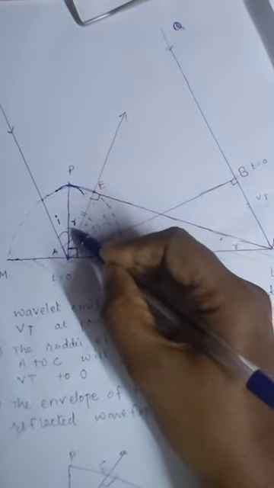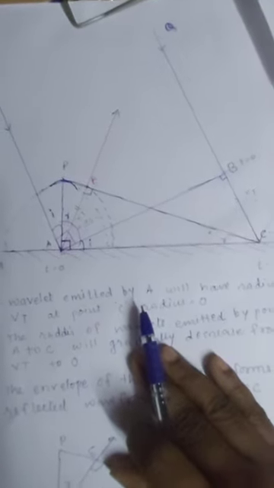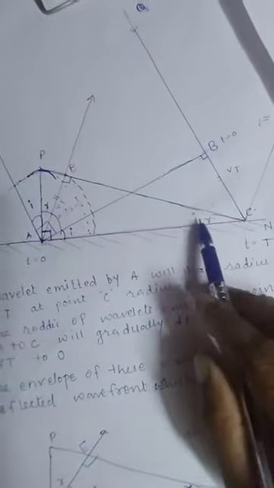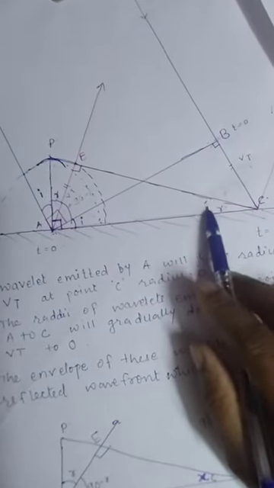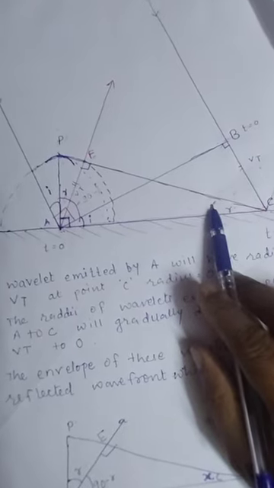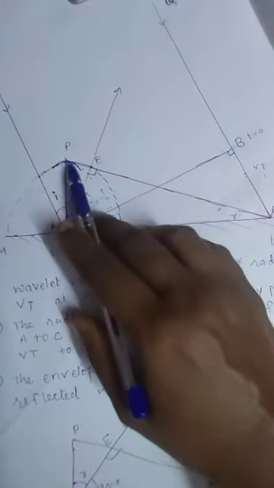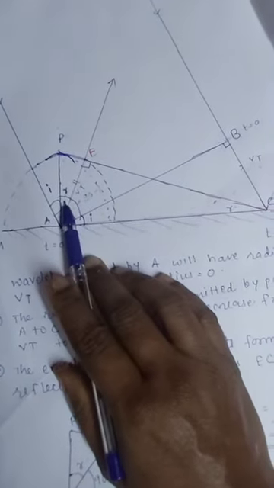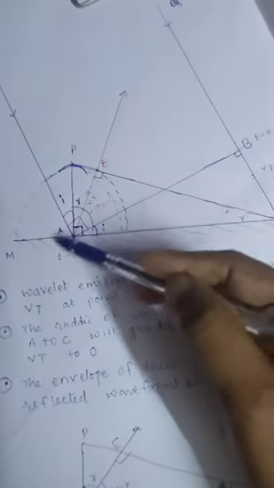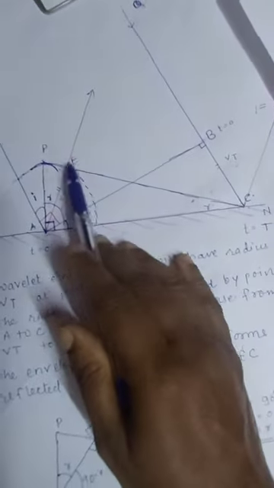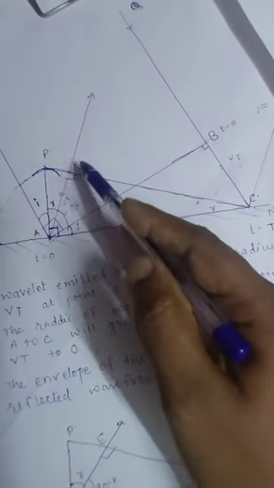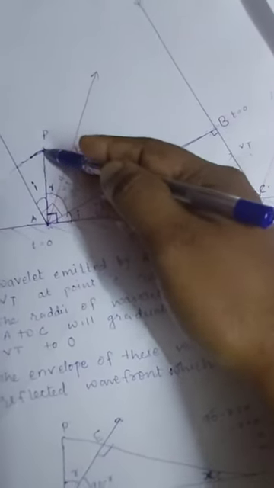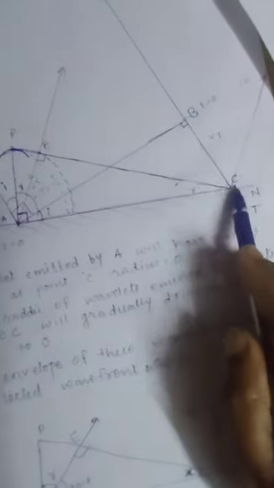So this is your angle of reflection R. Now let us prove how this is equal to R. Angle PAE is equal to R. Also, AE is perpendicular to EC, and AP is perpendicular to AC.